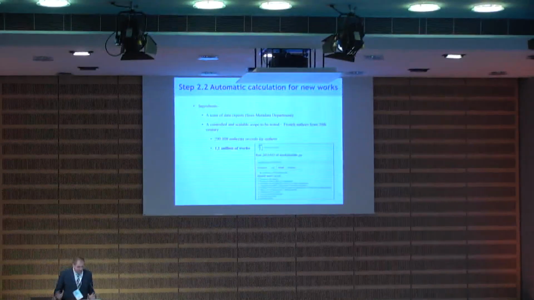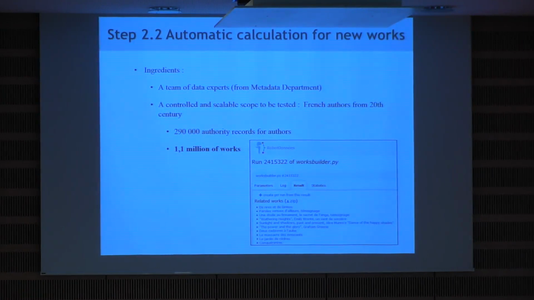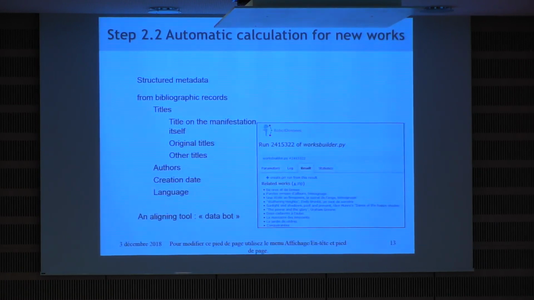The second step of this work is to create not only new links, but also new entities, new works. And we are testing this year this process with a first scope, which are the French authors from the 20th century, and to create new authority records for works for these authors and links with bibliographic records.